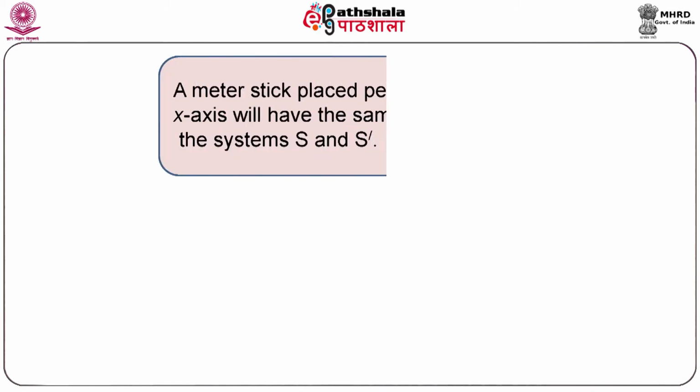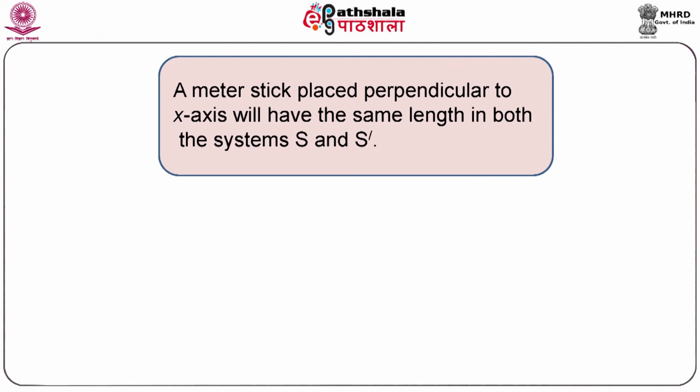On the other hand, if we keep the rod perpendicular to the x-axis, that is either in the y direction or in the z direction, then we will find that the length of the rod will be the same in both the frames.